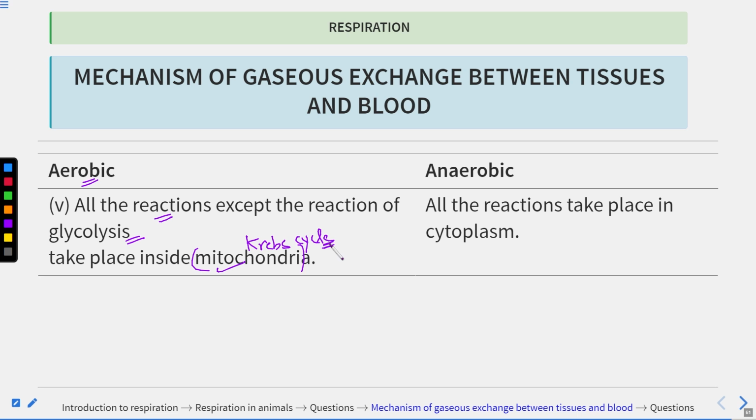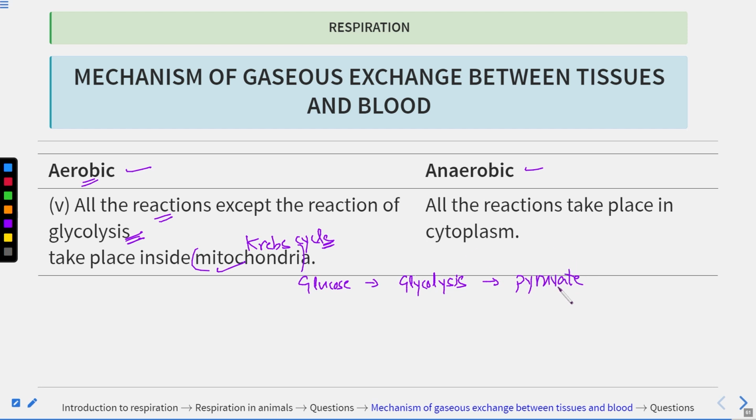Glycolysis is the common pathway for both aerobic as well as anaerobic respiration. By the process of glycolysis, the glucose is converted into pyruvic acid, which we can also write as pyruvate.